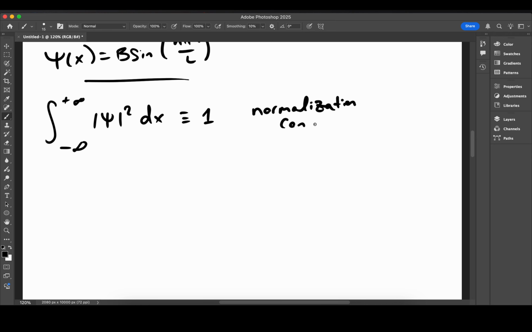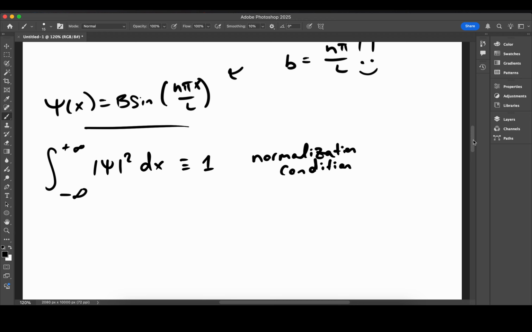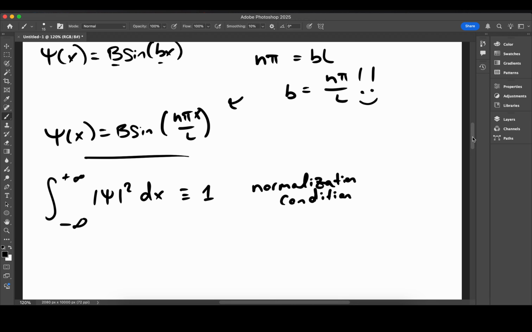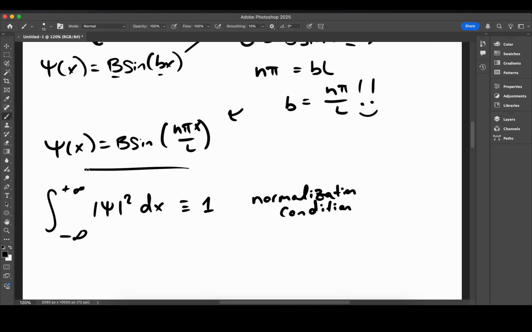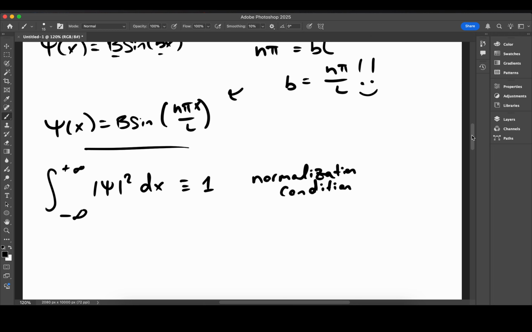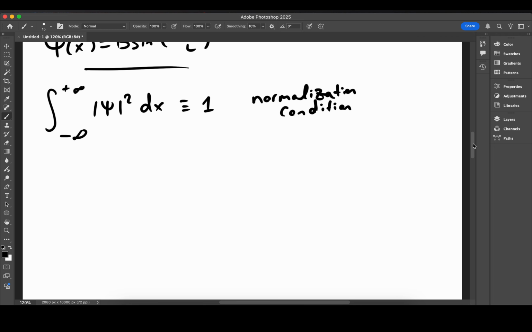What this is really saying is that there is some probability of finding the particle somewhere within our well. By integrating the absolute square, we don't really care about the absolute part because everything is real, so just the square of the wave function. If it's 1, it gives us a value for B, and then we have our wave function for a stationary state particle in a box.